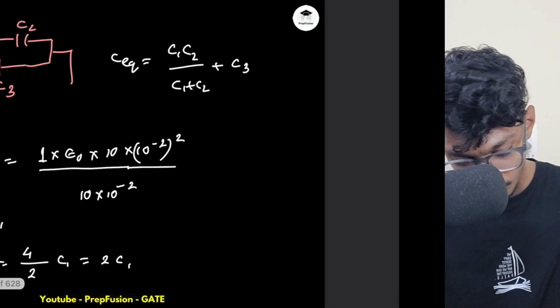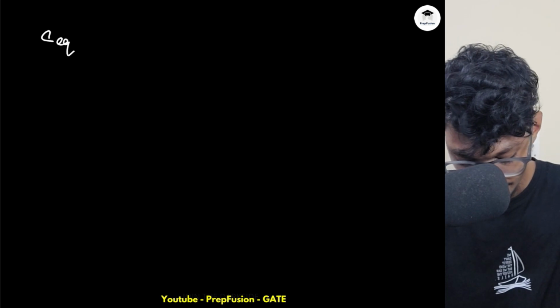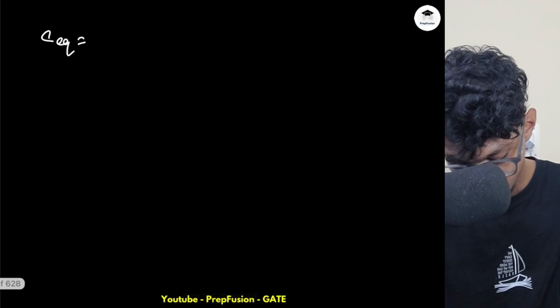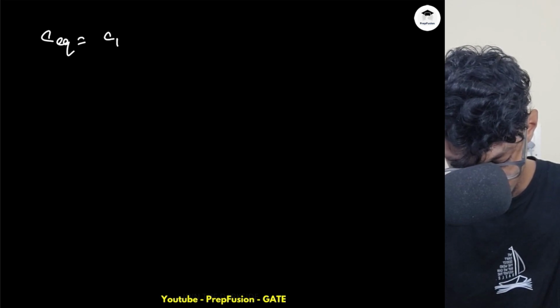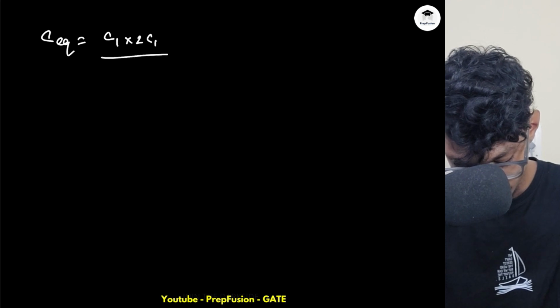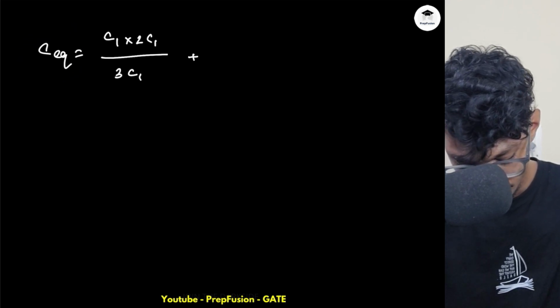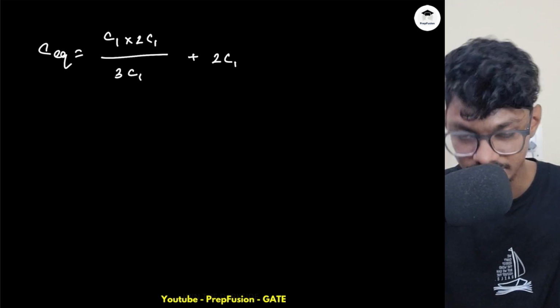Okay, so overall what will be my capacitance? C equivalent will be what? First of all I will compute this. This is C1 into 2C1 divided by 3C1, plus 2C1, because this was C3.